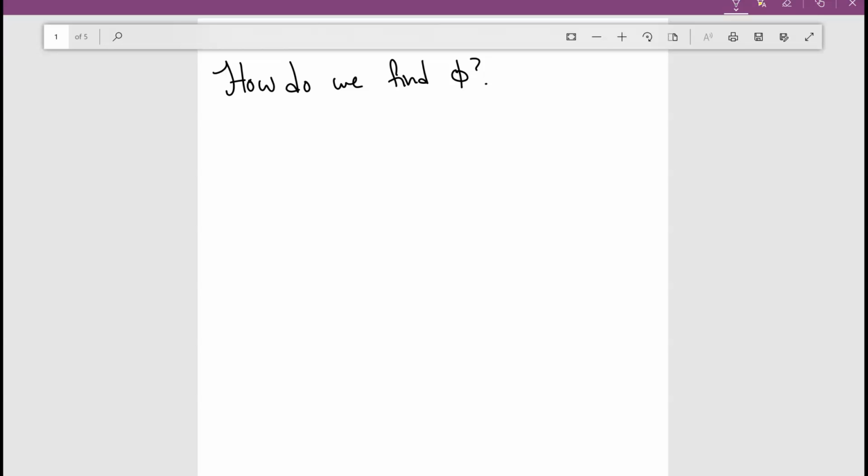So how do we find this angle phi? We know that the general form of a conic is ax squared plus bxy plus cy squared plus dx plus ey plus f equals 0.